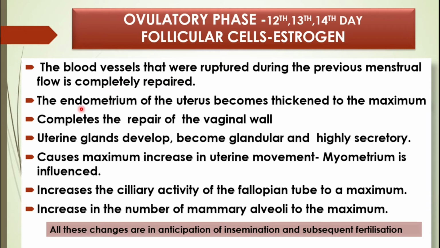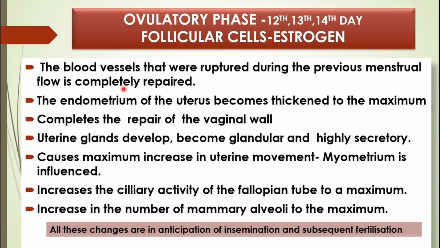The endometrial wall, which was in the process of becoming proliferated, is completely proliferated, and the uterine endometrial wall becomes thickened to the maximum. The third change is the vaginal wall is also completing its reparative process.